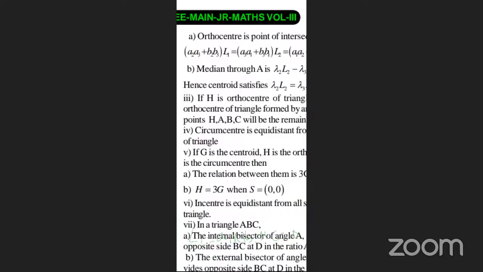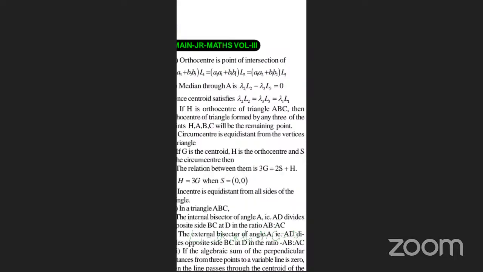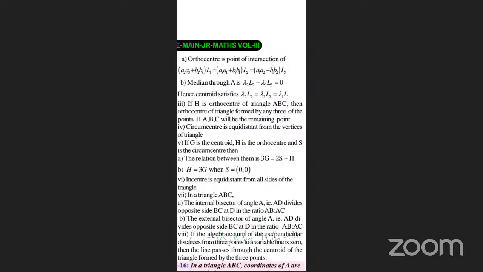And when those equations are given, what is the orthocenter, circumcenter, and so on? The orthocenter is given by the point of intersection, that is given by (a2a3 + b2b3) L1 = (a3a1 + b3b1) L2 = (a1a2 + b1b2) L3.